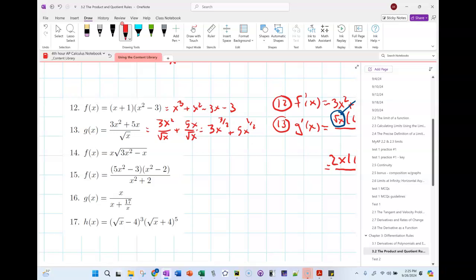So again, nothing wrong with what you did. It's a correct approach. It will get you the right answer. In a time setting, especially if it's multiple choice with a simplified answer, where now you have to grind out that simplification, it's a lot more efficient to just take the derivative of 3x to the 3/2 plus 5x to the 1/2, like really quick to get an answer on that.